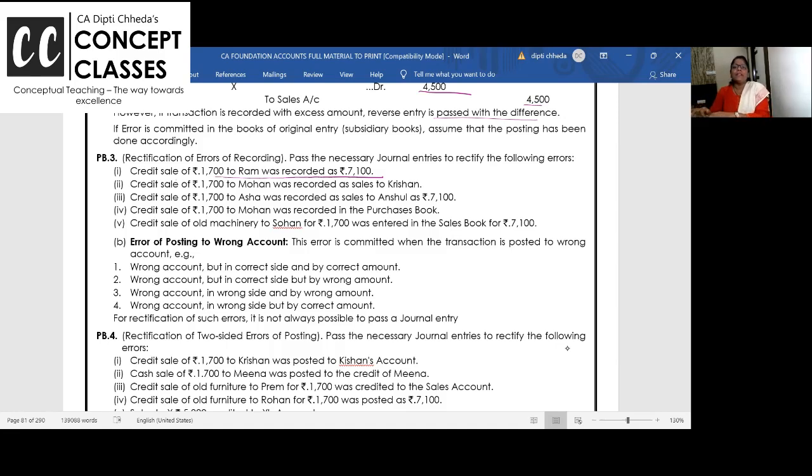Now while typing in the computer amount, instead of 1,700, you entered 7,100. Is Ram account excess debited? Yes. Is sales excess credited? Sales should have been credited. Pick up your calculators. Sales should have been credited by 1,700. But it is credited by 7,100. How much extra credit? 5,400.